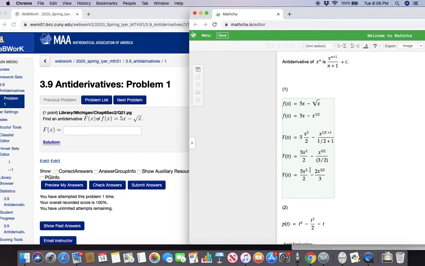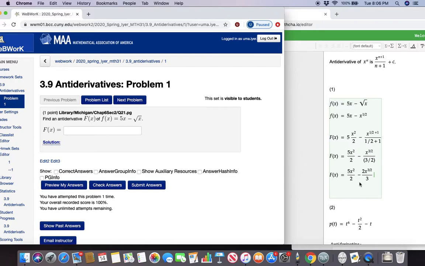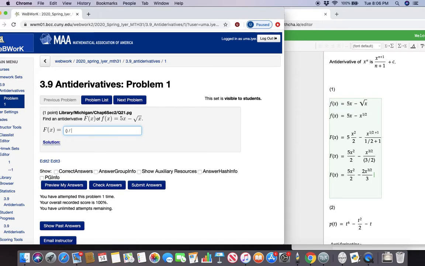How do I input this into my WebWork? The first piece is a fraction, so I will write something over something. The denominator is easy, so I will put in a 2 there, and the numerator is 5x to the power 2. Okay, that was good.